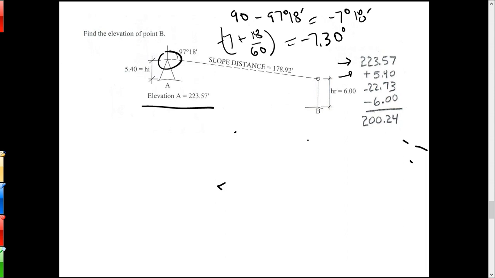So then you're going to take sine of the negative 7.3 degrees times that distance, the 178.92. So 178.92 times the sine of 7.3.